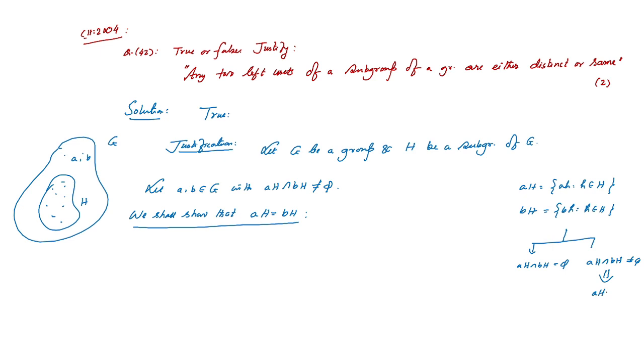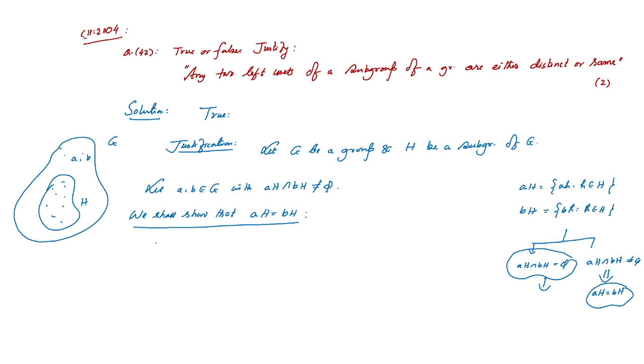If we show aH equals bH, what have we proved? We have proved either these are disjoint or these are the same. So if we show aH equals bH, first we will show aH is a subset of bH, and second we will show bH is also a subset of aH.